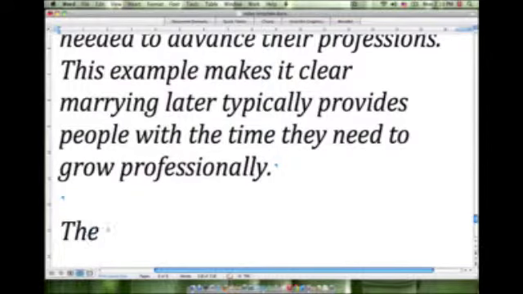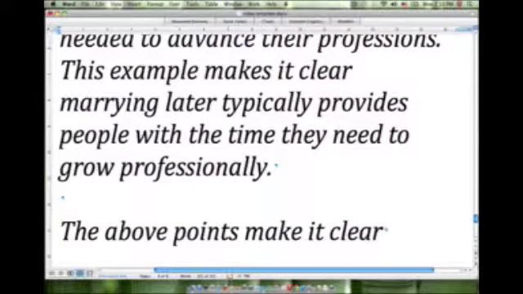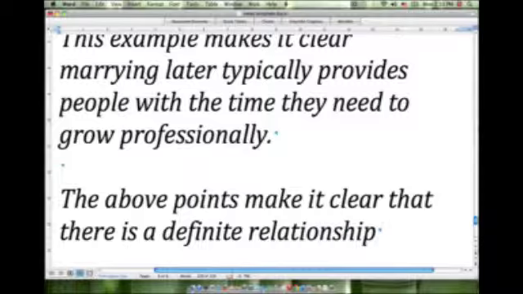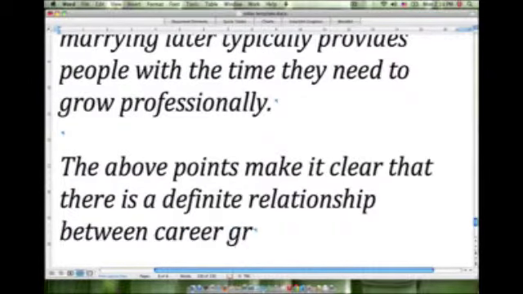So in summary, we might say something like, the above points make it clear that there is a definite relationship between career growth and, we'll say, family commitments.